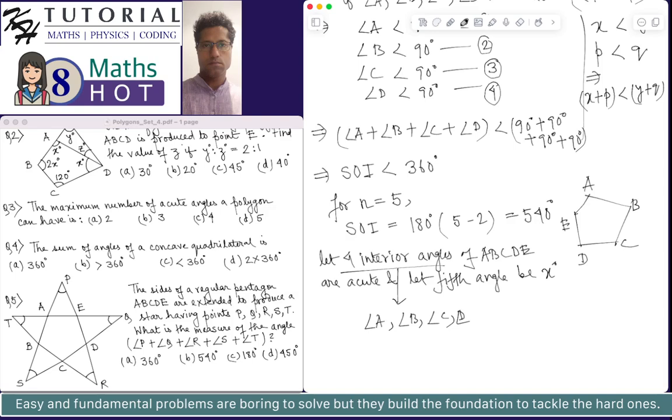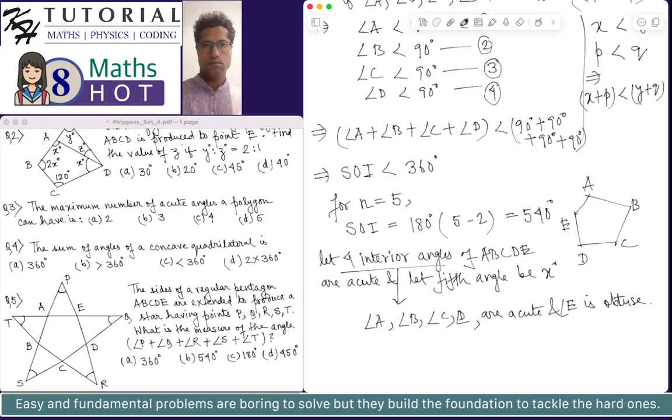You can consider some 4 interior angles of this pentagon to be acute. Without any loss of generality, I can say that angles A, B, C and D are acute angles, and definitely angle E is obtuse, that is greater than 90 degree. Okay.